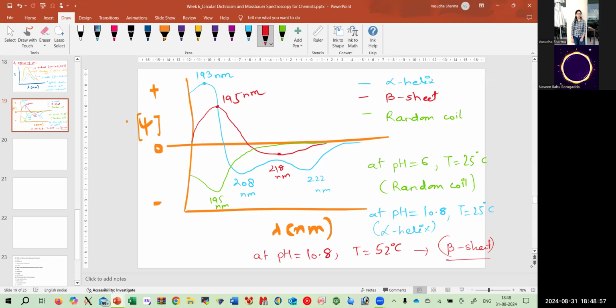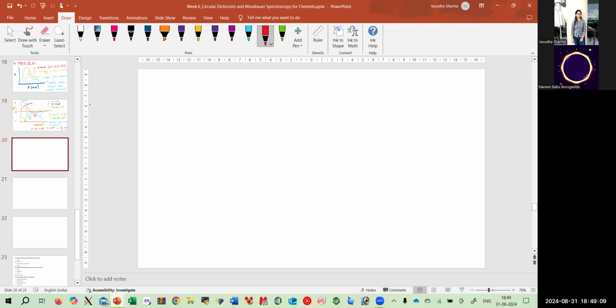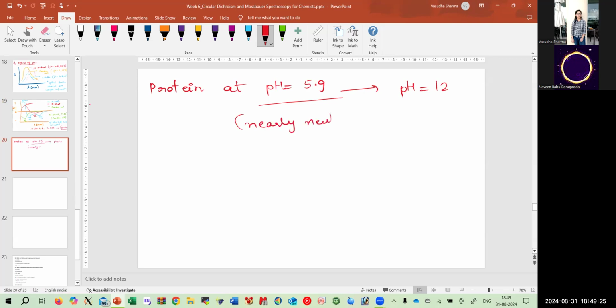So this is how CD spectroscopy helps clearly identify how pH and temperature affect your structure, and which structure it now has. Say, for example, to be more precise, a protein at pH 5.9 going to pH 12. At pH closer to 7, nearly neutral, it would definitely give you a random coil structure.